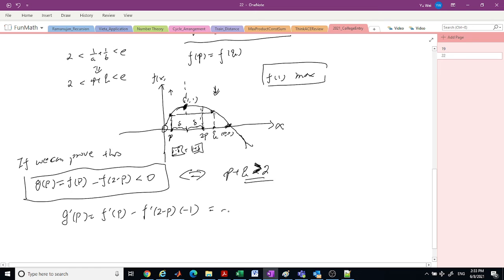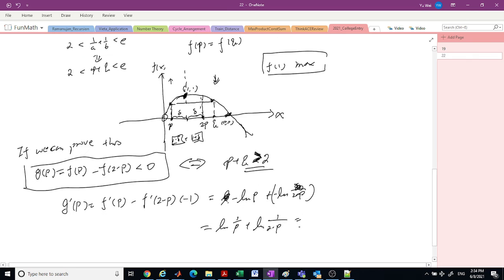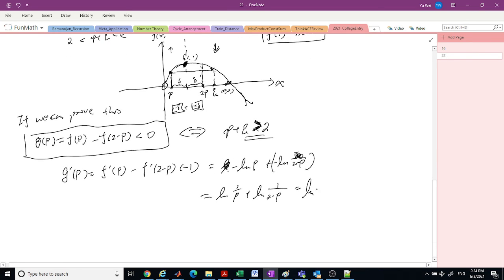So this is the negative of log p, plus the log of 2 minus p, which is equal to log of 1 over p plus log of 2 minus p, which is log of 1 over p times (2 minus p).